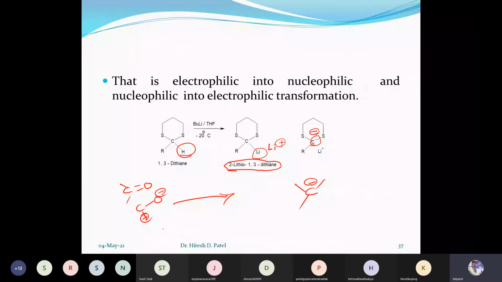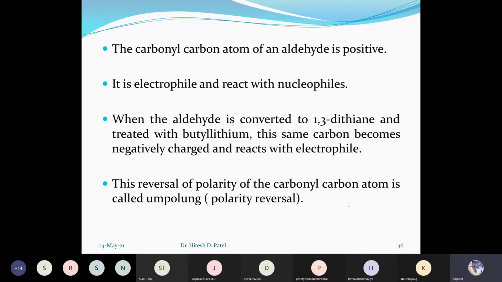So we had an electrophile, but now we have a nucleophile. The carbon is the same, but its characteristic has changed. This is called reversal of polarity or polarity reversal, or in another way, umpolung characteristic.